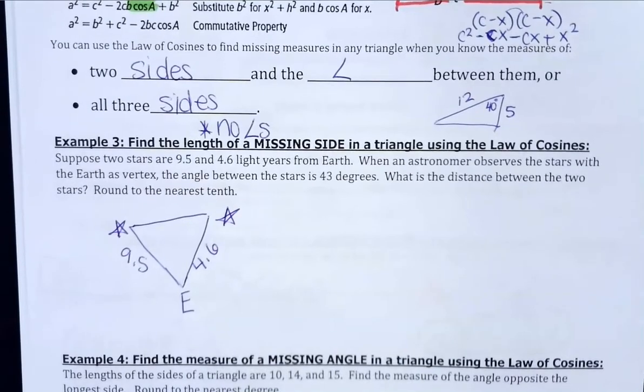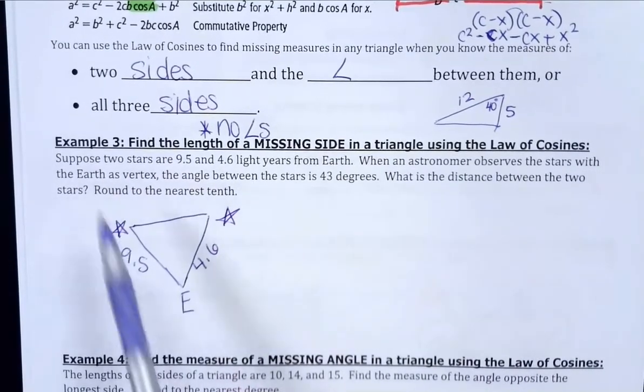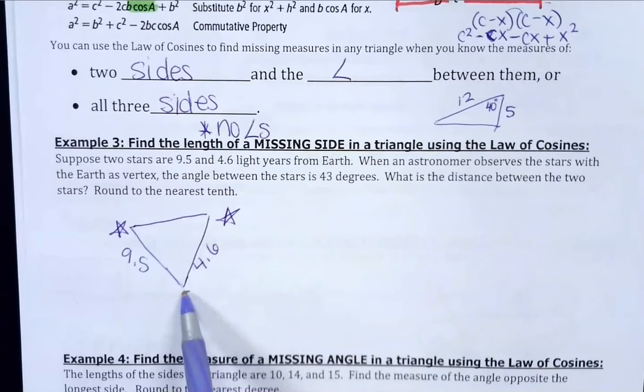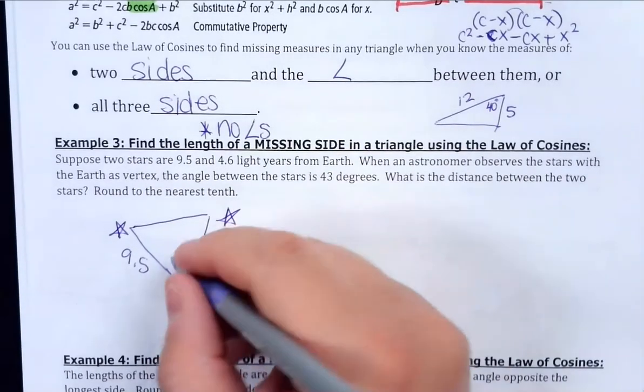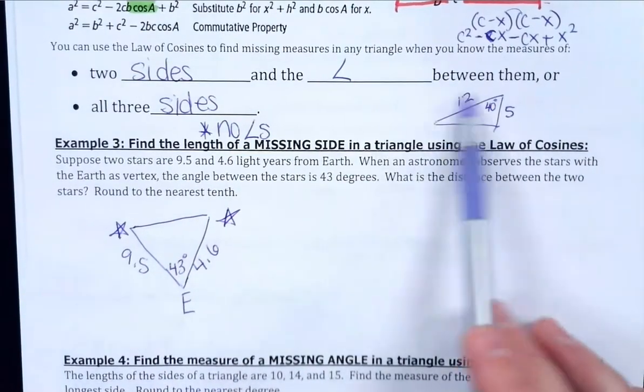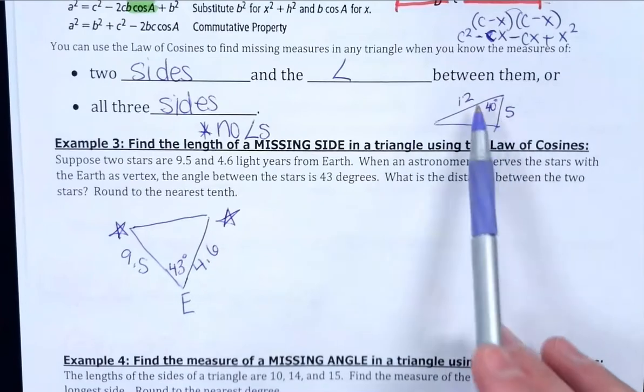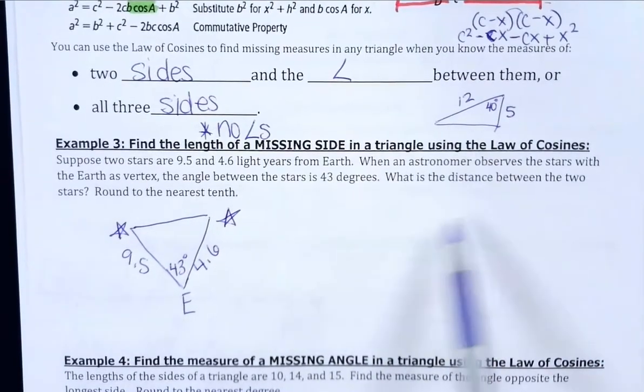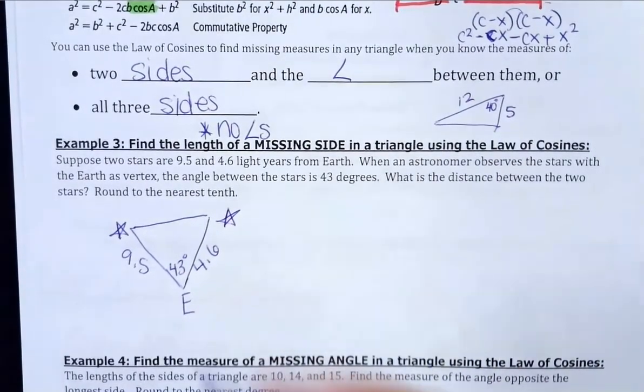When an astronomer observes the stars with the Earth as the vertex, so I'd be on this part of the triangle, the angle between them is 43. So that would go in between. This falls into my category of two sides that I know and the angle between. What is the distance between the two stars?